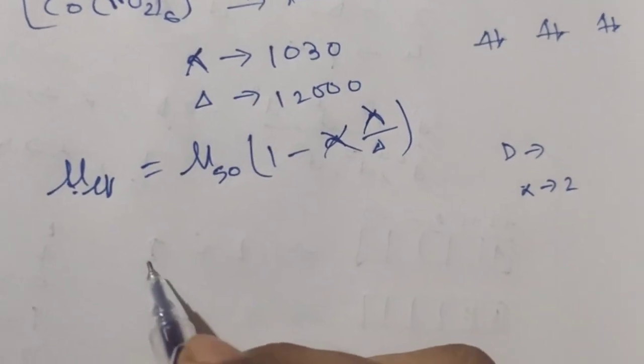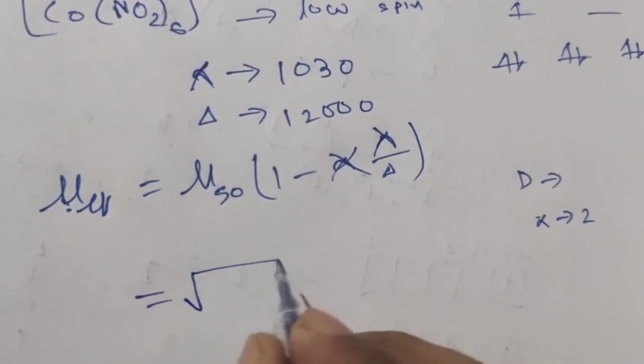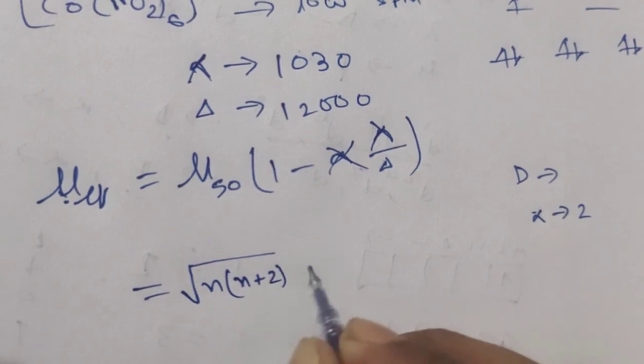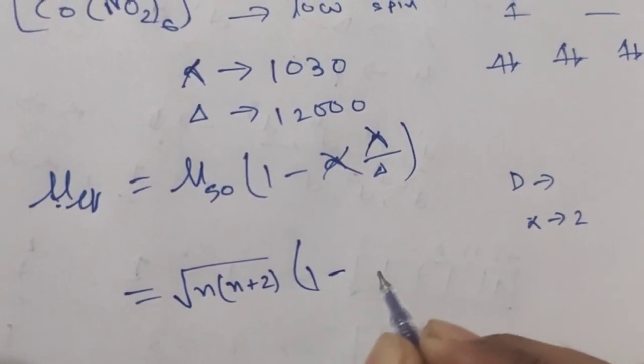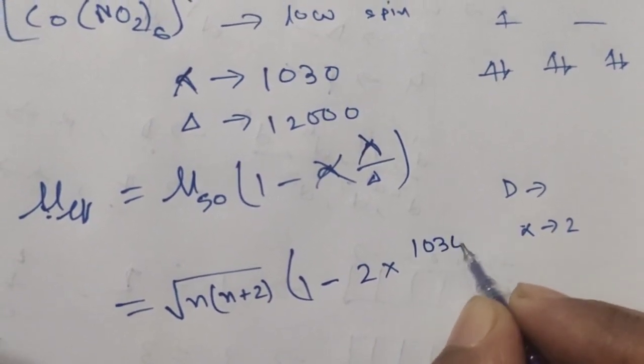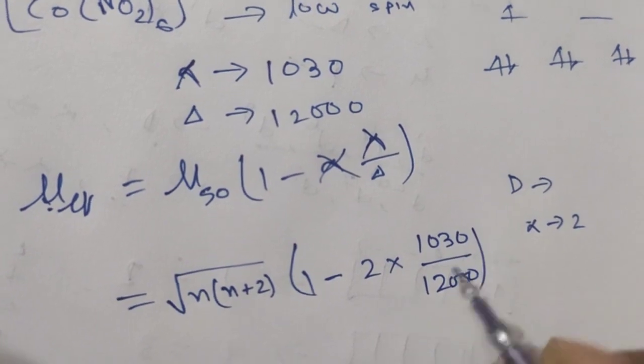Putting it in the formula, for 1 electron the spin only value is root of n into n plus 2, multiplied by 1 minus 2 into 1030 divided by 12,000.